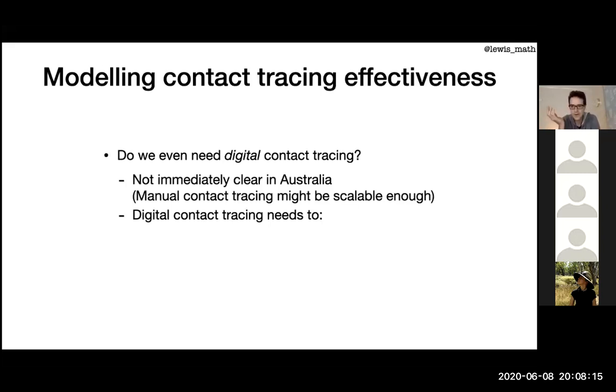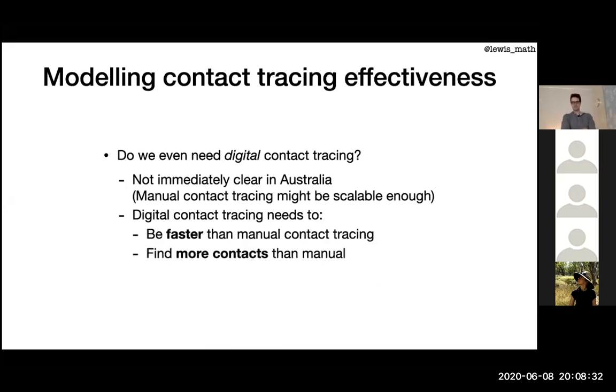If you're going to go down the digital contact tracing route, there are a few things you would want it to do. You want it to provide some benefits over traditional manual contact tracing. Firstly, it should be faster than manual contact tracing. One of the desirable properties of a contact tracing app is that you find the contact straight away.